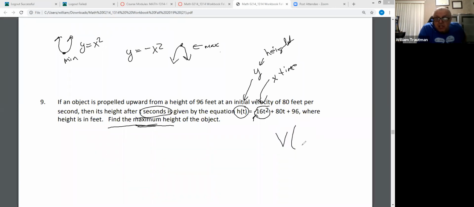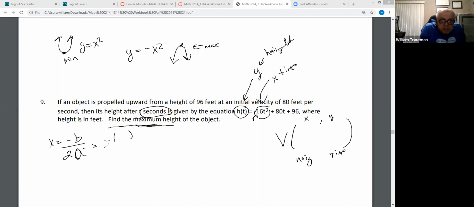If you have a vertex, the x value is the time and the y value is the height. So to find the x value, it's negative b divided by 2 times a.